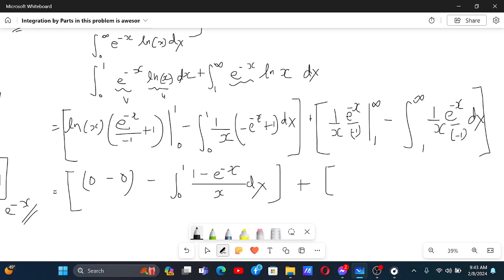But e to the power minus infinity shrinks way faster, and basically these are supporting each other, by the way. So this e to the power minus x will also be in the denominator, so both of them are in the denominator. 1 by infinity is just 0.